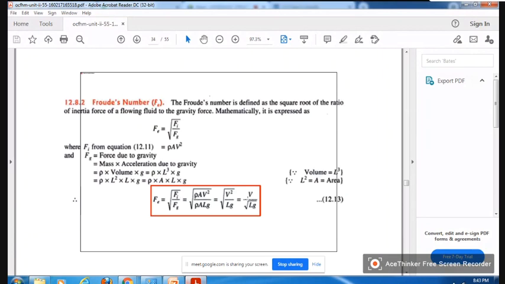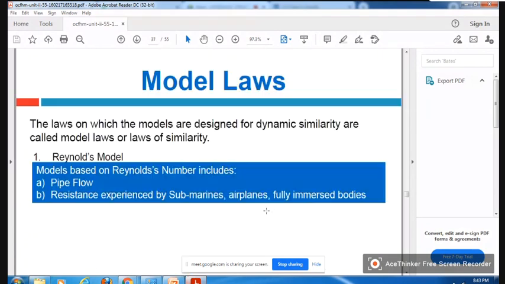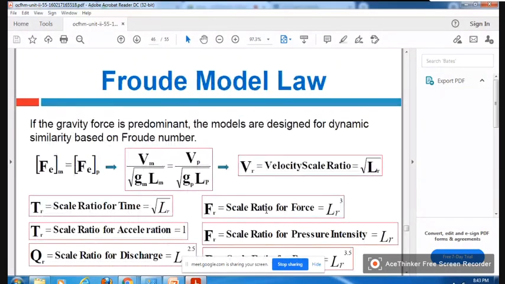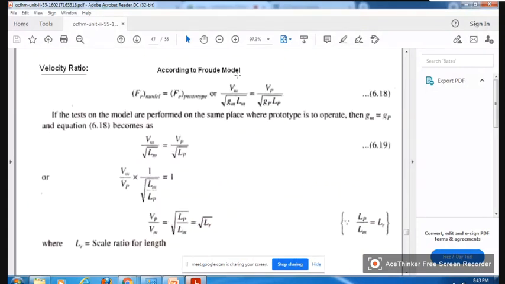So the Froude number of the model is equal to the Froude number of the prototype, that is, Vm divided by square root of Gm Lm is equal to V prototype over square root of Gp Lp.